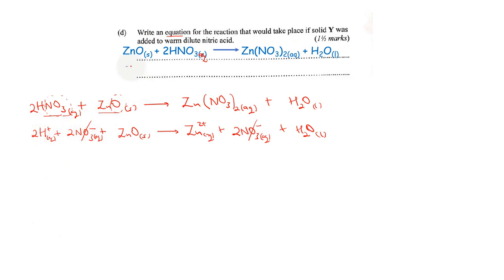So basically our ionic equation will be zinc oxide solid reacting with hydrogen ions from the nitric acid, and the zinc will go into solution to form zinc ions, aqueous, plus our water. So the ionic equation is also fine. You can choose any of the two.